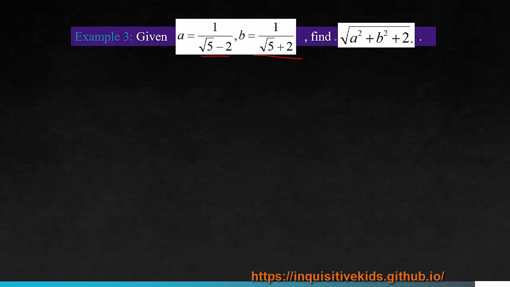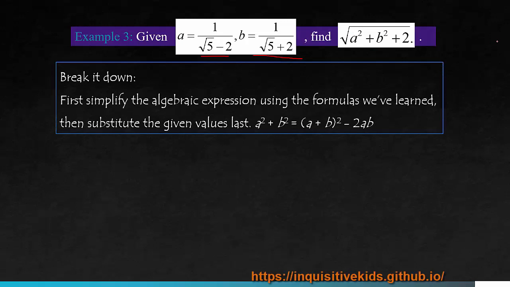Find the value of the arithmetic square root of a squared plus b squared plus 2. First simplify the algebraic expression using the formulas we've learned. This is a formula that you can use, which is a squared plus b squared equals the sum of a and b squared minus 2ab. So how can we use this to simplify this expression?